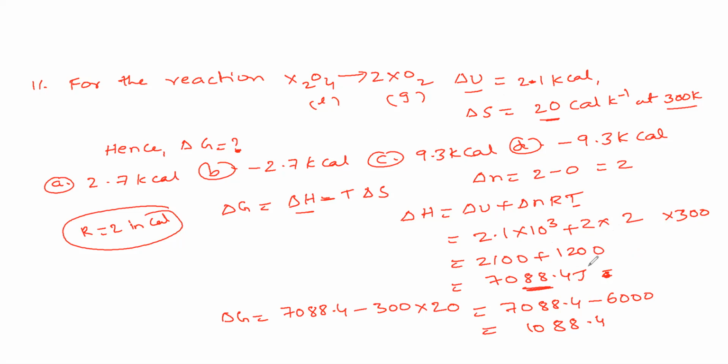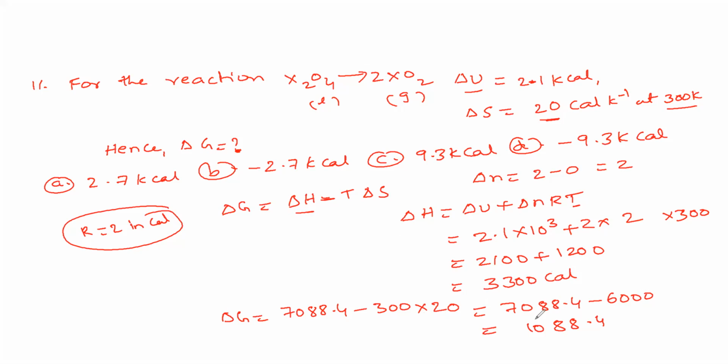So 2100 plus 1200 becomes 3300 calories. And here also we should change the unit: the entropy is given in calories per Kelvin only.